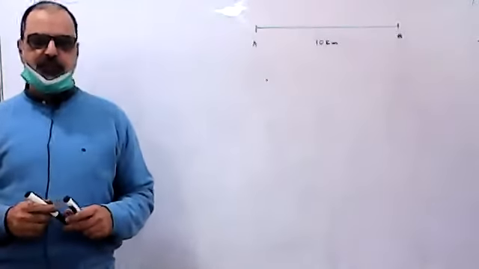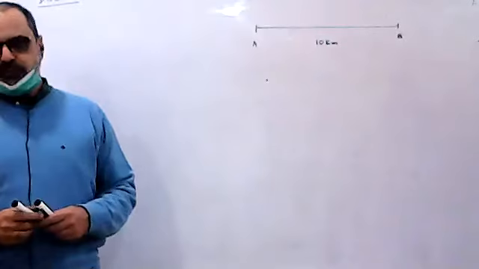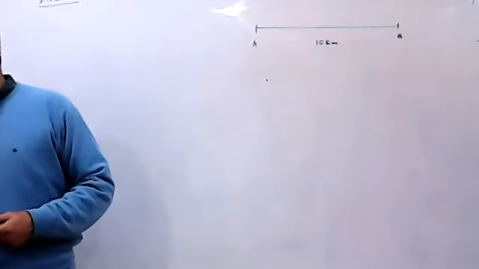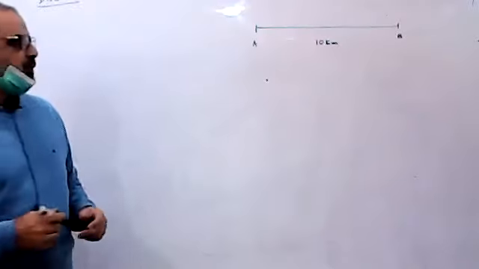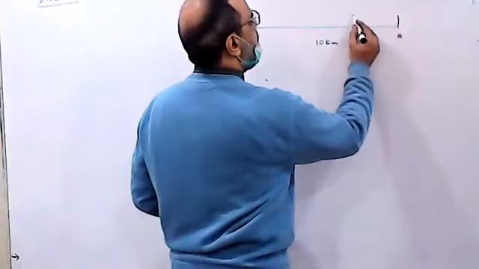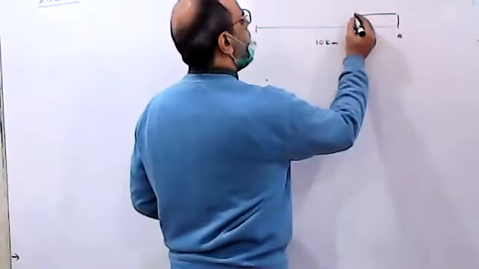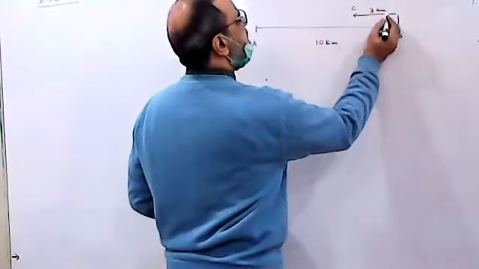Whether you are traveling from A to B or from B to A, in both cases the distance will be 10 kilometer. Even if you take a turn to a new position C, say travel 3 kilometer in this direction.